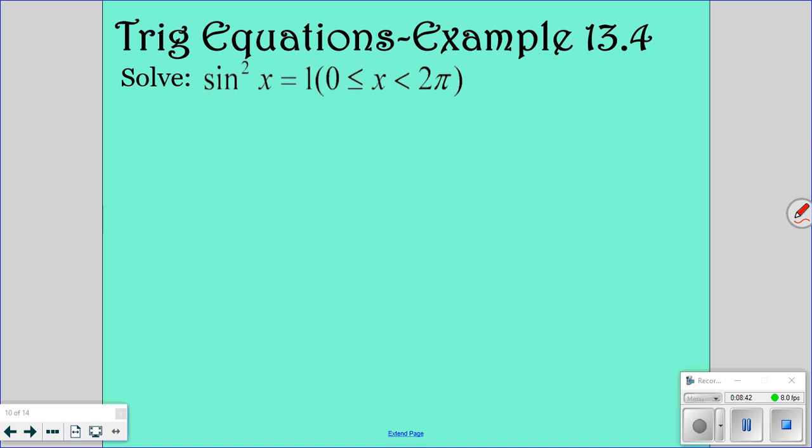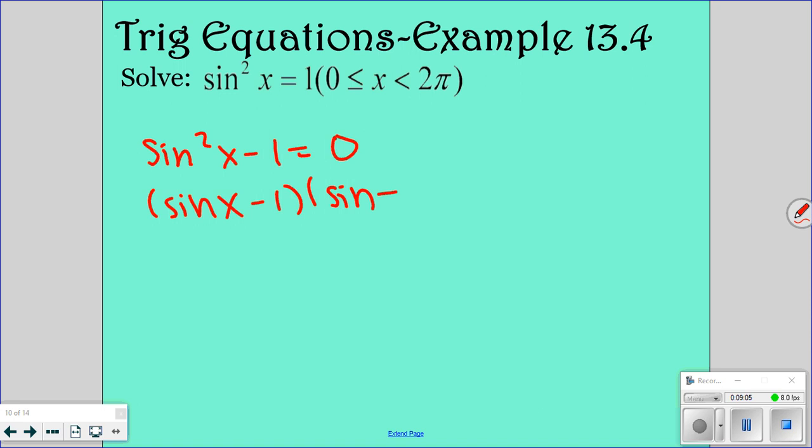Okay, looking at this next one. All right, so for this one, there are two ways you can do it. You can either move the 1 over and set it equal to 0 and factor that. And so you would have sine of x minus 1 times sine of x plus 1 equals 0.